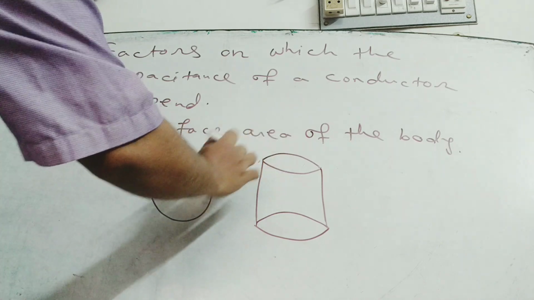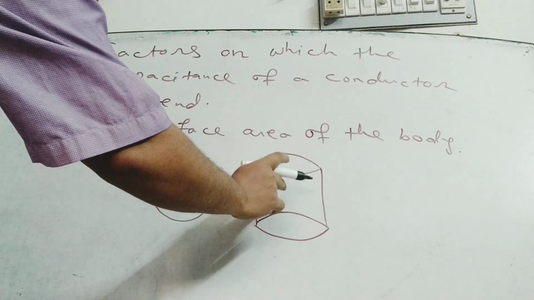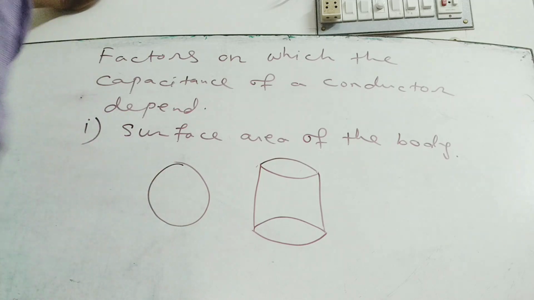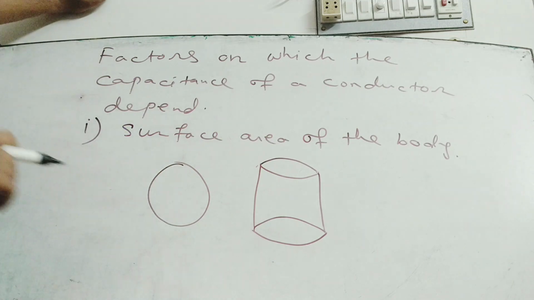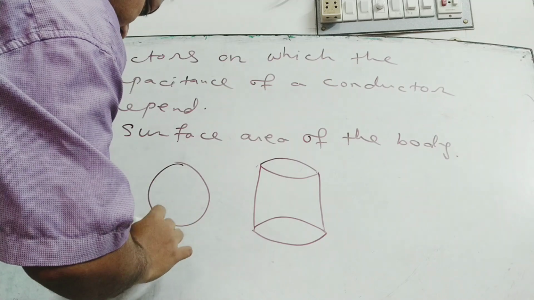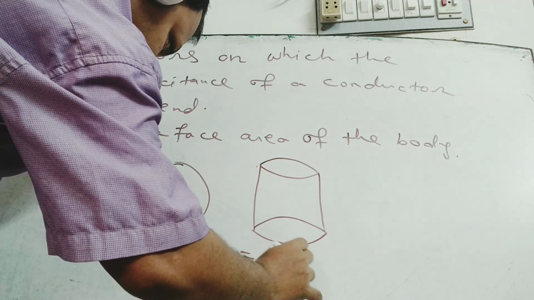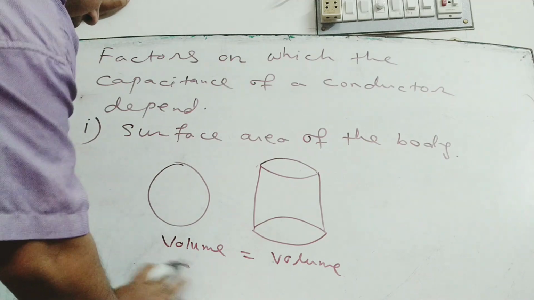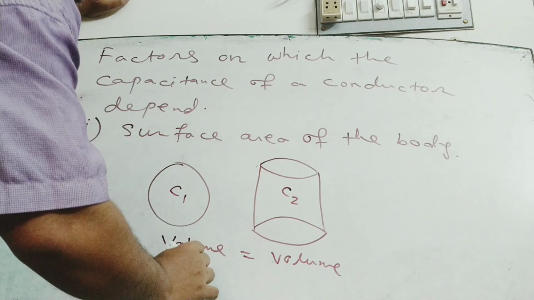Since the surface area of the cylinder is greater than the surface area of the sphere, the capacitance of the cylinder is more than the sphere. The capacitance of the sphere is C1 and the capacitance of the cylinder is C2.